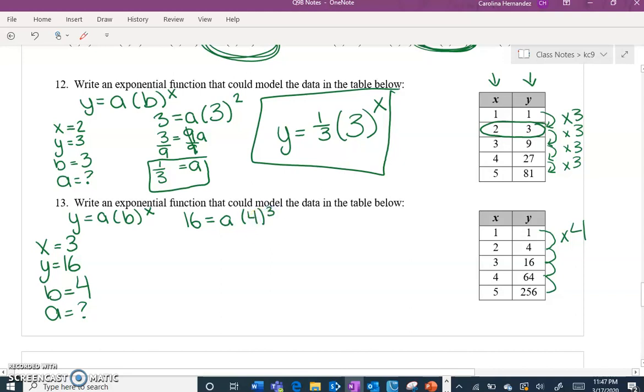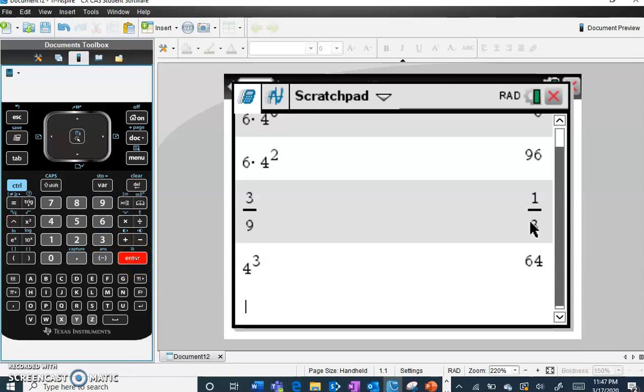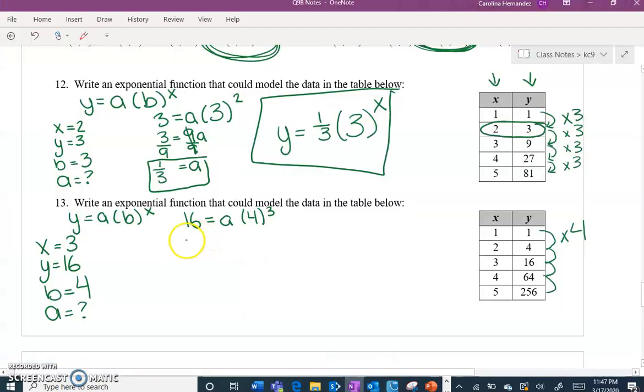If you're like me, I don't know that right away, so it doesn't hurt to double check. Going back to the Inspire, 4 arrow up 3 gives me 64. So it's going to be 16 equals 64 times a.